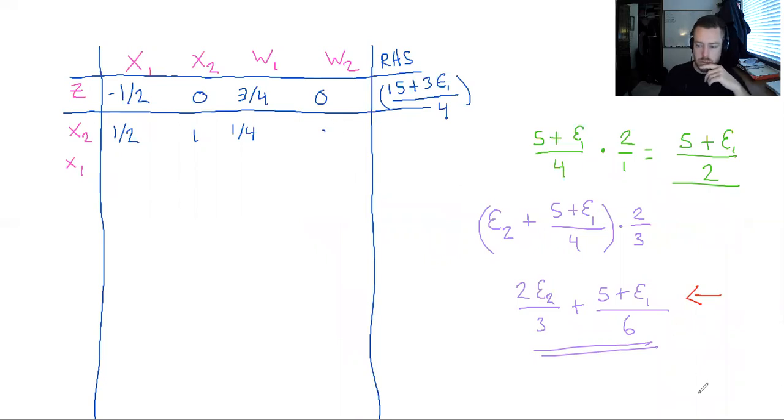This is 0, right? 0, yeah. 5 plus epsilon 1 divided by 4, I believe. I have awful 4s, they look like 9s. Keeps doing that for some reason. Okay, so 1 divided by 4.